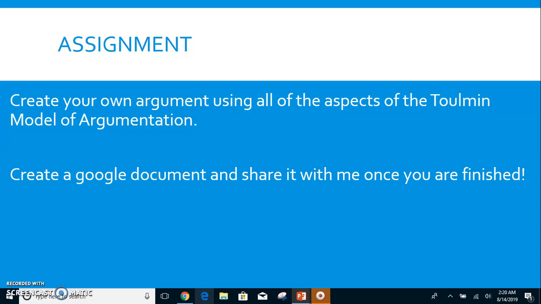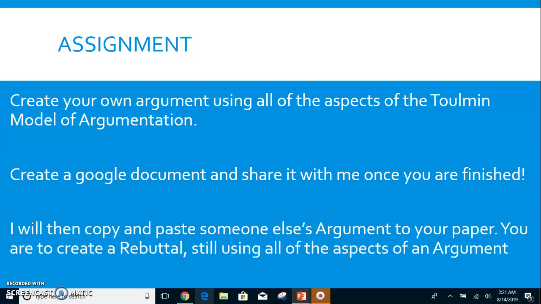Have a warrant if it's not already obvious, and then back it up with even more data, okay, to prove your claim. Then stop right there, share the document with me. Because what I'm going to do then is copy and paste someone else's argument to your paper, and you are to create a rebuttal, still using all the aspects of an argument, because a rebuttal is just that.